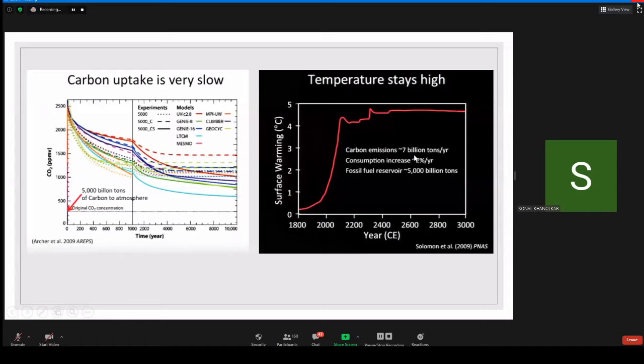Okay, the next one is, how did the temperature subside after the PETM? The entire early Eocene was a hothouse, or greenhouse, period.